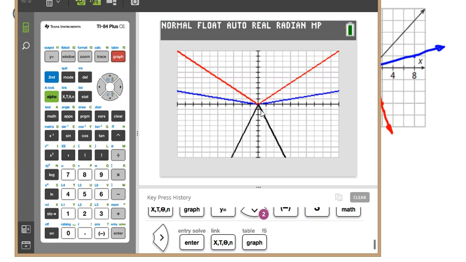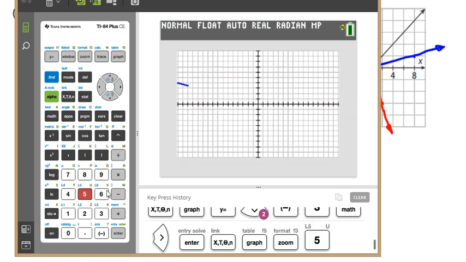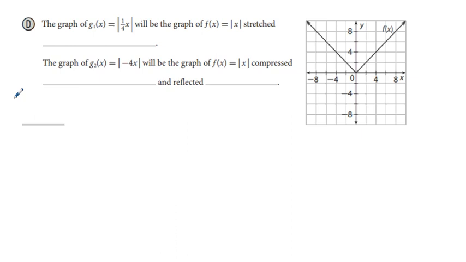Okay, and the portion is not square. We can get that square by going to zoom square. We're seeing more of a proportional sort of a relationship, the graphical proportionality. So that's what that looks like. Next.